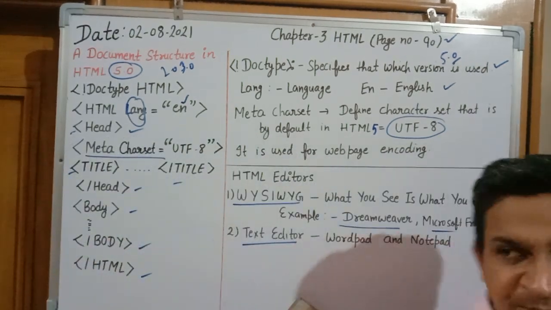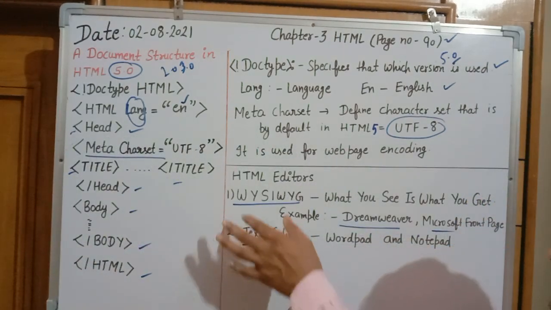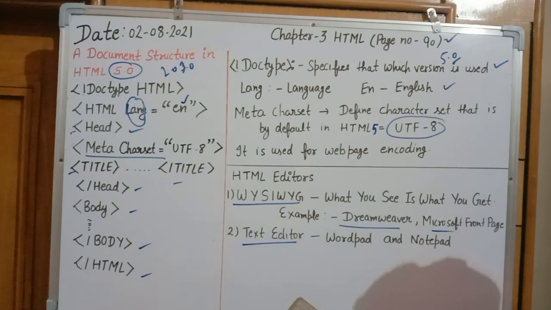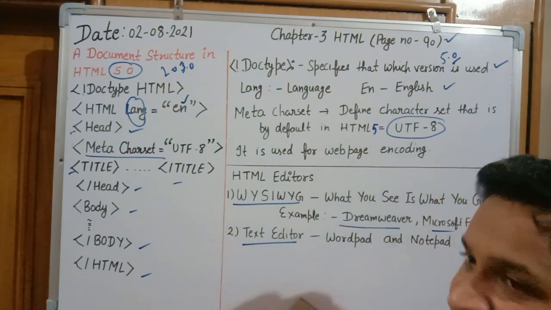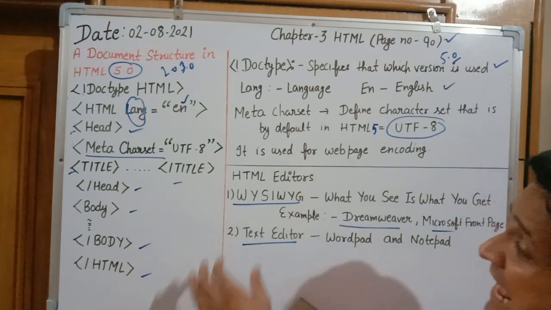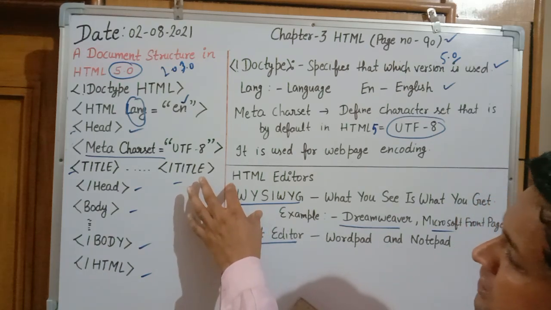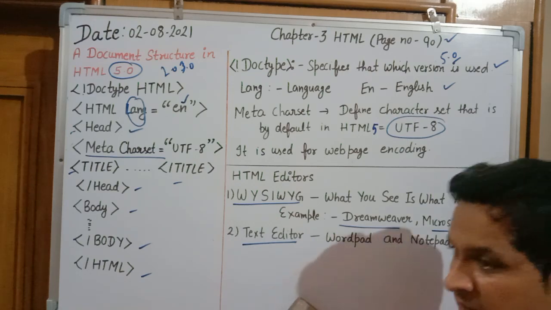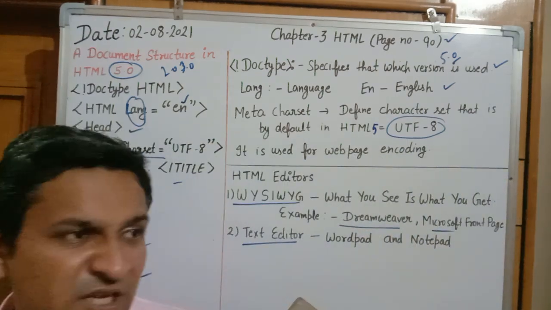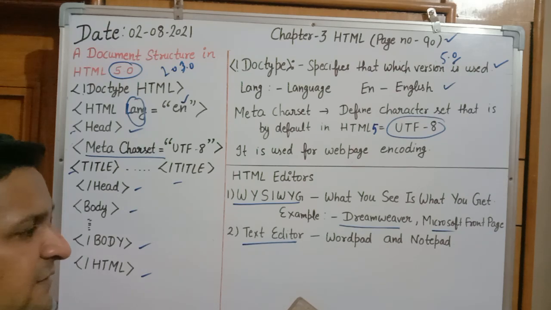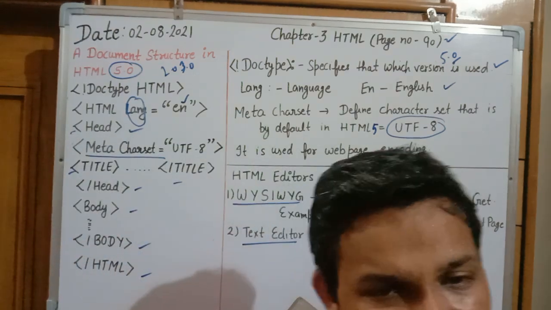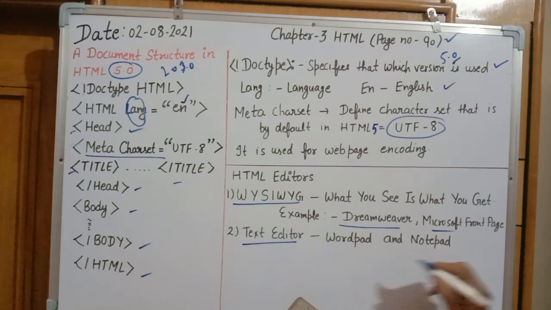The reason is that if you want to use a WYSIWYG editor, the user does not need specific knowledge of HTML. A user with a lack of knowledge can also use this type of editor. But if the user has knowledge of text editors, such as Notepad and WordPad, in that case the user can use WordPad and Notepad.